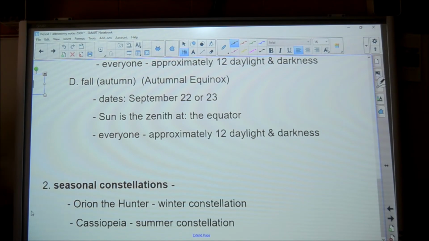The other piece of evidence that we know we revolve around the sun, besides seasons, is seasonal constellations. If you remember walking through the alcove, one side had winter constellations like Orion, while the other side had summer constellations. You don't see that constellation all year long, unlike a circumpolar constellation.